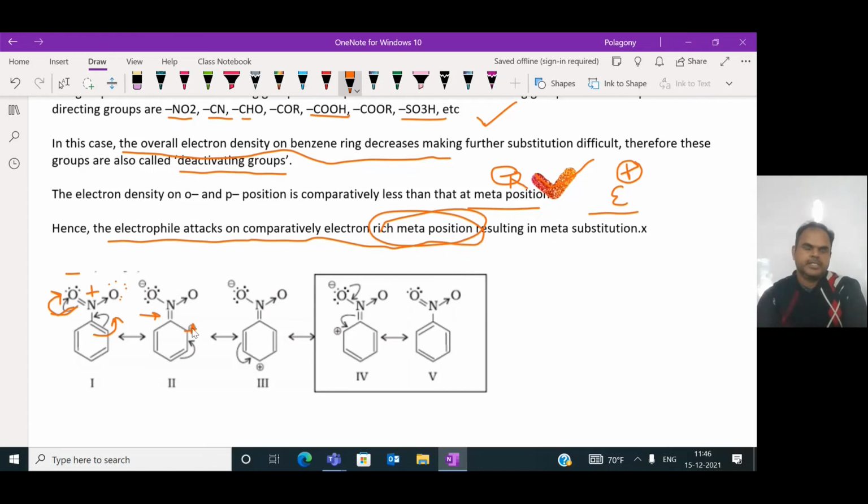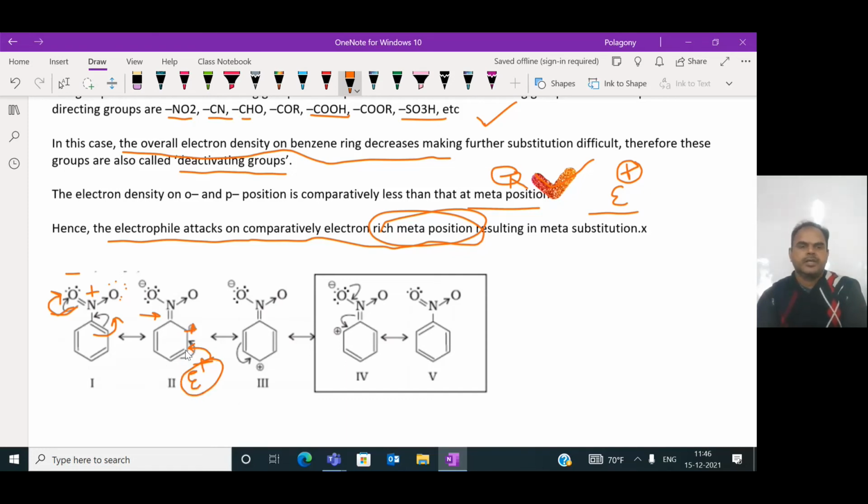The positive charge appears on the second carbon, that means the ortho position. But on this meta position there are pi electrons, electron density is there, so the electrophile approaches this meta position, because the electrophile has the positive charge. Look at this: the electrophile approaches this meta position because pi electrons are present here.